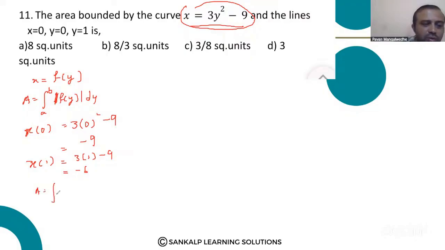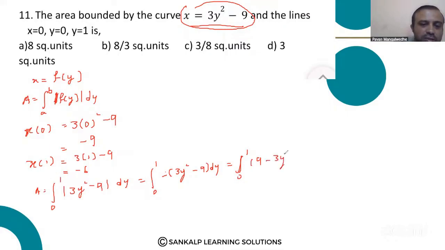A is equal to the integral from 0 to 1 of mod of 3y square minus 9 dy, which is equal to the integral from 0 to 1 of minus of 3y square minus 9 dy, which is the integral from 0 to 1 of 9 minus 3y square dy.